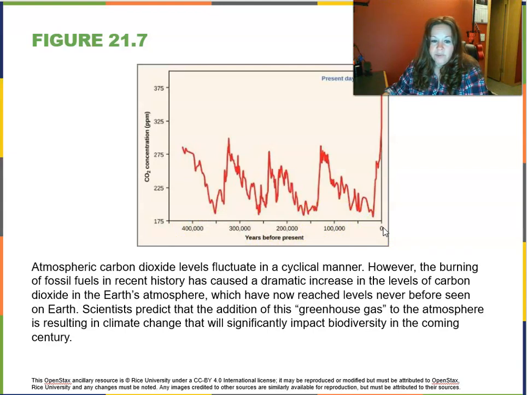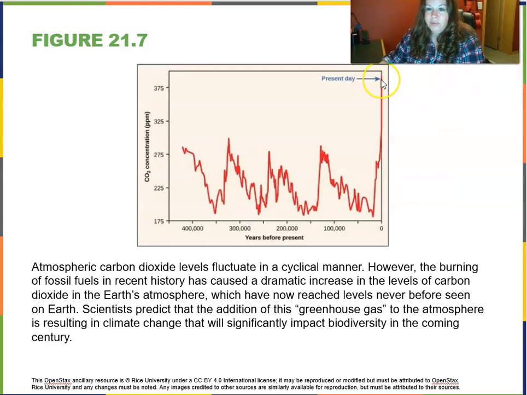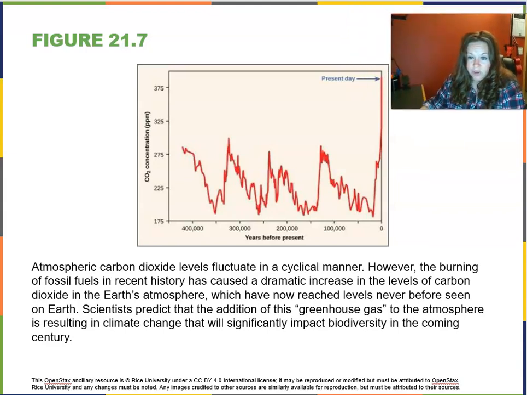The burning of fossil fuels in recent history has caused a dramatic increase in the levels of carbon dioxide in Earth's atmosphere, which has now reached levels never before seen on Earth. Scientists predict that the addition of these greenhouse gases to the atmosphere is resulting in climate change that will significantly impact biodiversity in the coming century. Look how high it is here compared to the other spikes that have happened in Earth's history.